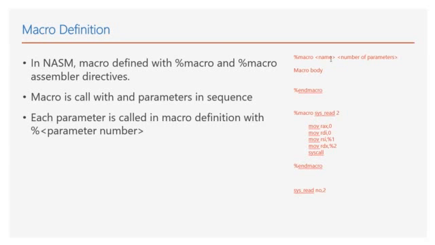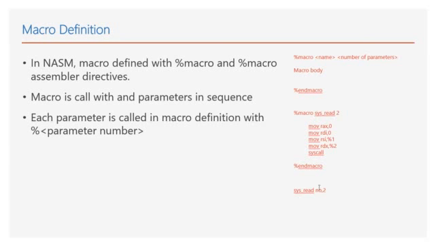As shown here, in the definition of the macro, the macro name starts with %macro and here the name appears. And the next is the number of parameters you're passing into this macro. This means that you're using several parameters which get passed when the macro is called.